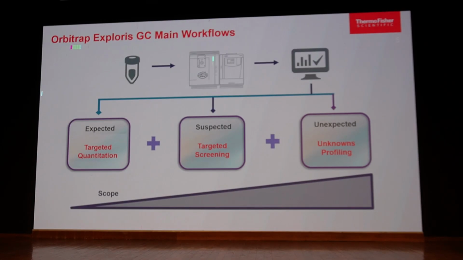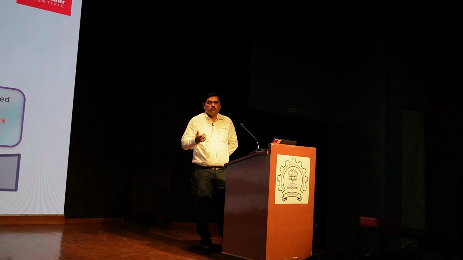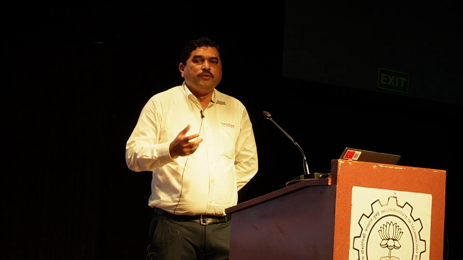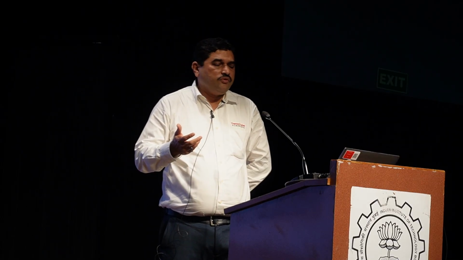What is suspected, you are not targeting, but you want to know whether these compounds are present in your sample or not, that we can also do. And the third part is completely unexpected. That means nobody knows, but I want to know what other compounds may have formed in my sample, and I can identify those things.